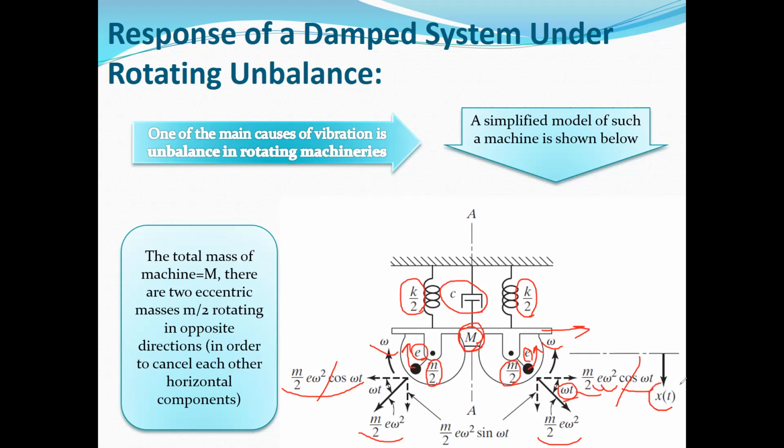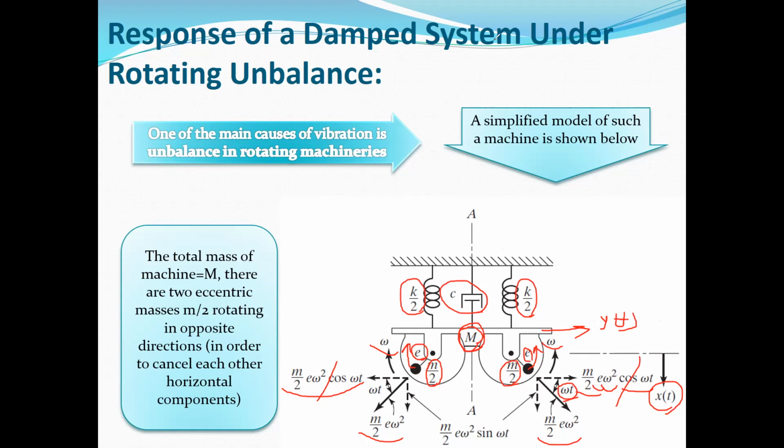Here we assume that the vertical motion is x(t), but if you consider different cases, we will have another motion in horizontal direction, and for example we can call it y(t). So you will deal with a system with 2 degrees of freedom, but in this chapter we only discuss single degree of freedom systems.